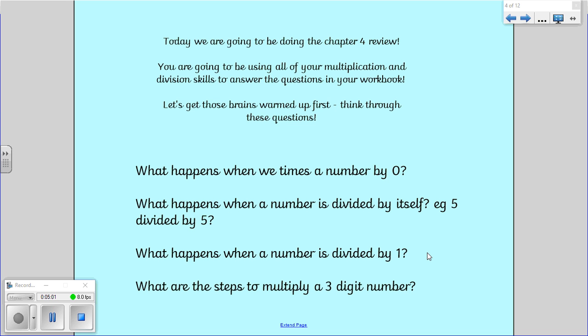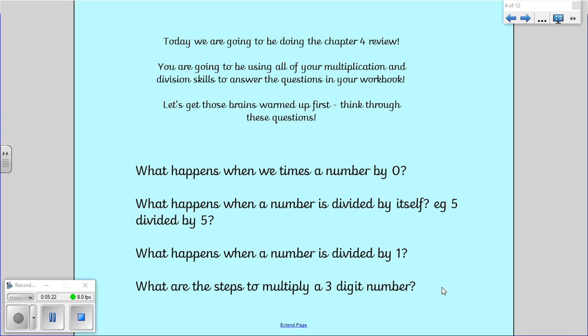Okay, so if I think of another example, 11 divided by 1, the answer is 11 because there are 11 ones in the number 11. So the answer will always be the number that you are dividing into. That's a good one to remember as well.